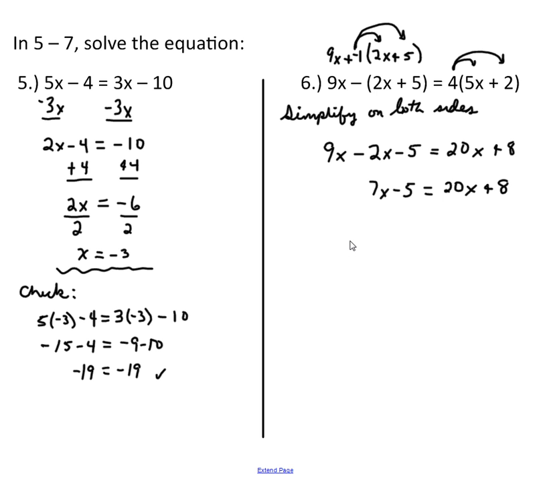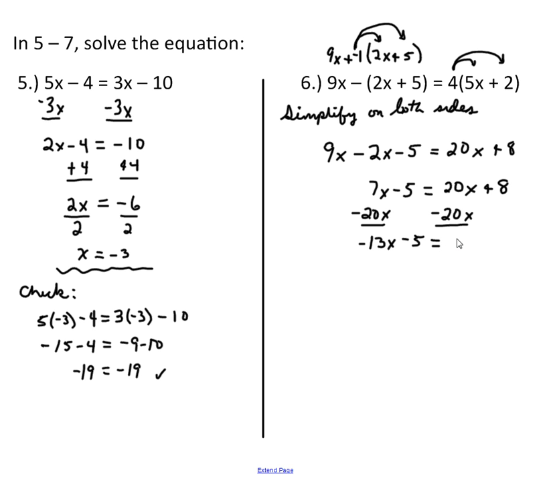This is just like the one on the left, so let's start gathering some like terms. I always gather my variable terms to the left-hand side. You can gather them on any side that you want, but I'm going to subtract 20x from both the left and the right-hand side equally to balance my equation. We get 7 minus 20, which is negative 13, times x, minus 5 is equal to 20x minus 20x.